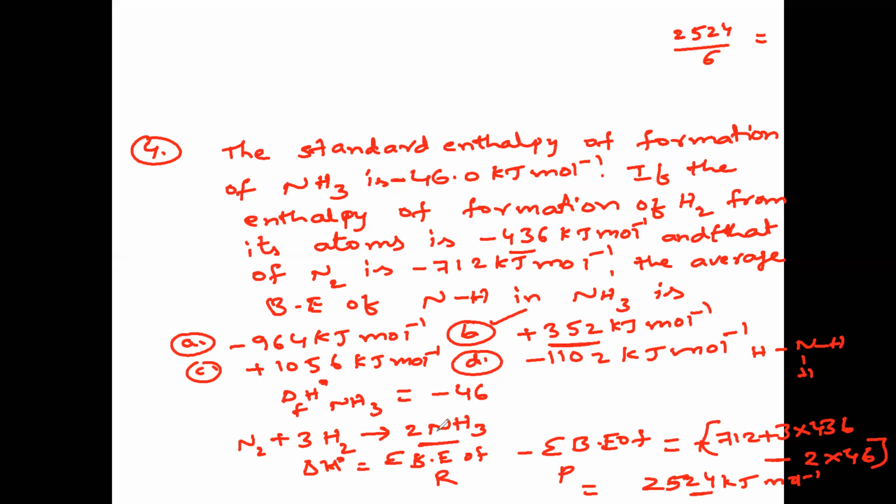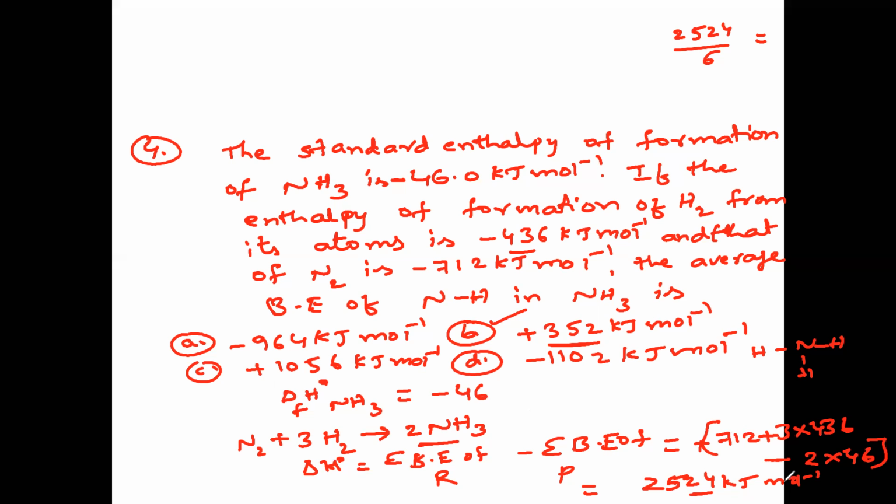They have given the bond enthalpies of hydrogen and nitrogen, and for bond dissociation energy we should take plus. So 712 plus 3 into 436 minus 2 into 46, bond enthalpy of reactants minus bond enthalpy of products. Finally it is coming as 2524.